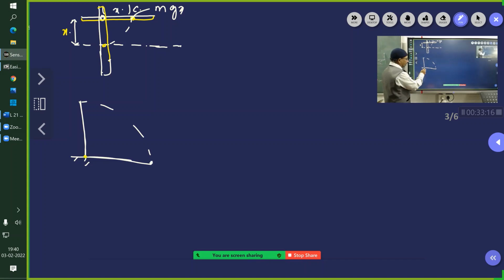See now if you are considering this point, then with respect to this point you see this entire rod has only rotated. It has only rotated. That's all. The entire mass is concentrated here. Sir, if we write it about center of mass?